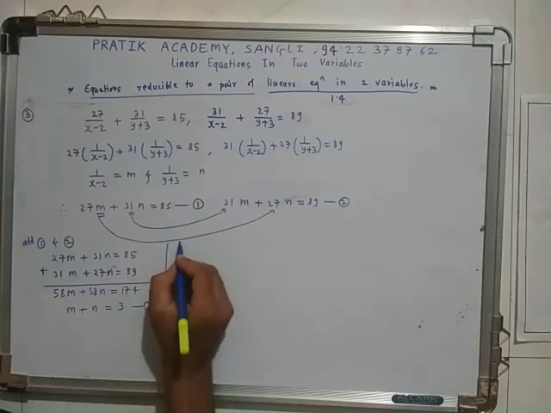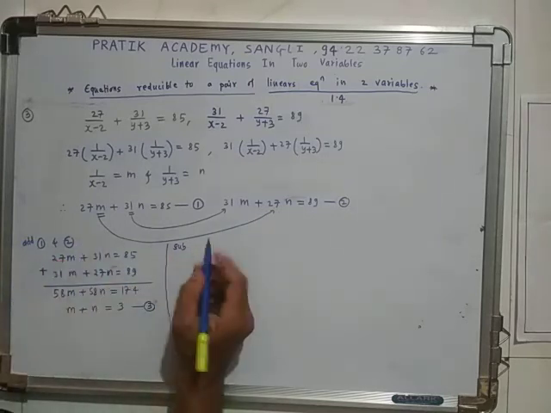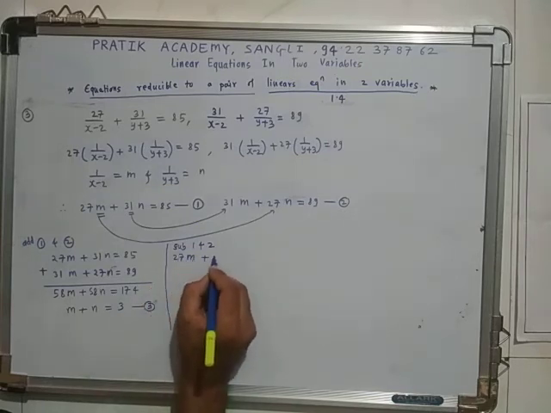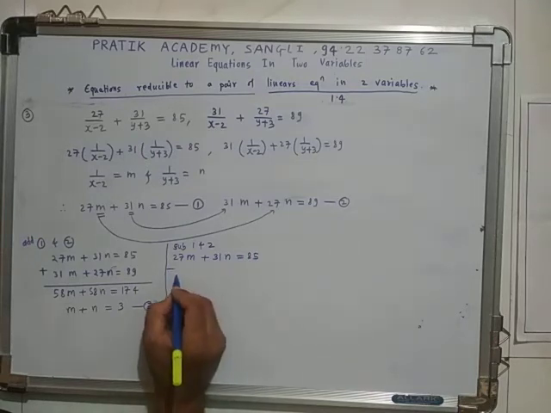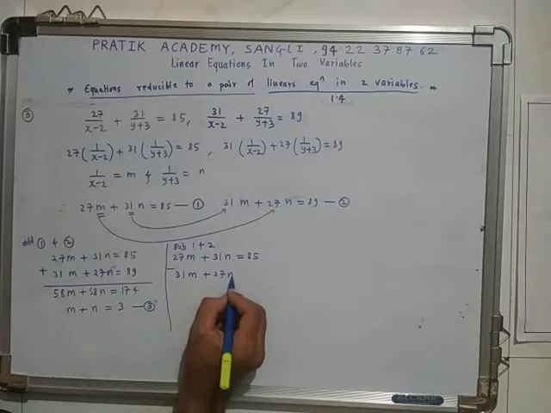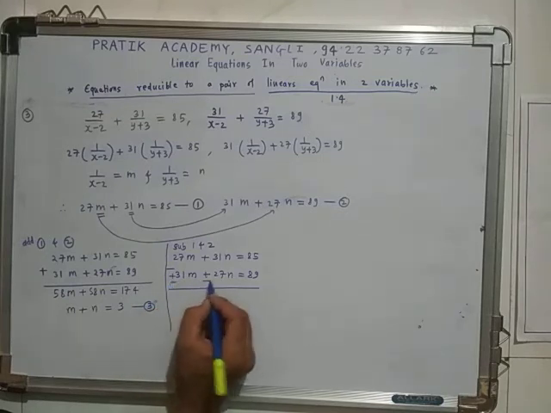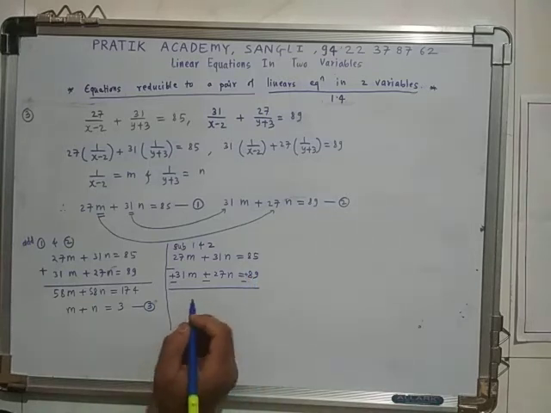Then here we will do addition, then subtraction. Subtract 1 and 2. So what will happen? 27m plus 31n is equal to 85, minus 31m plus 27n is equal to 89. While doing subtraction, change the signs, plus to minus.